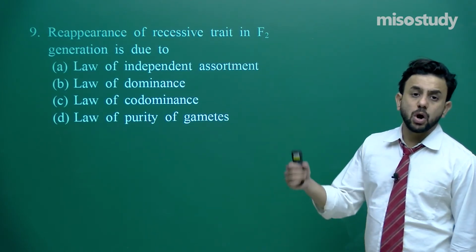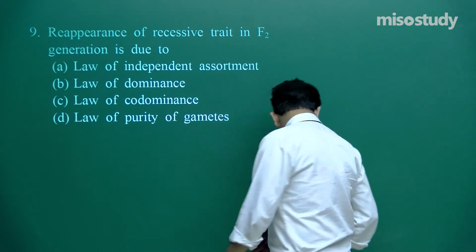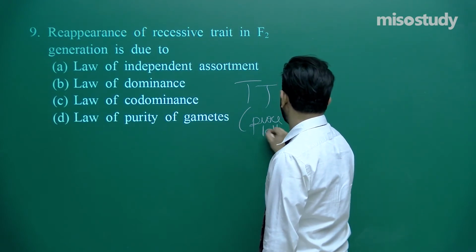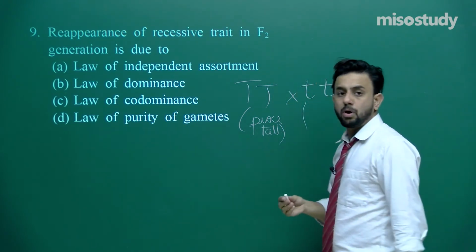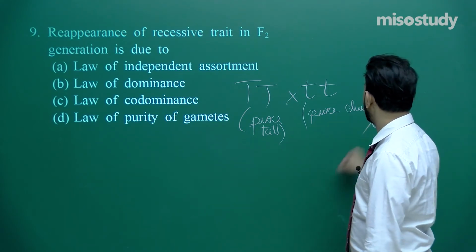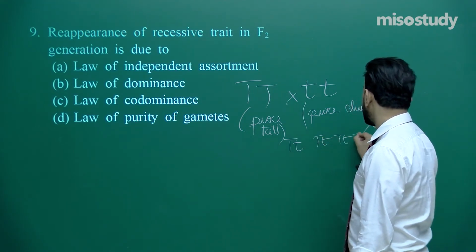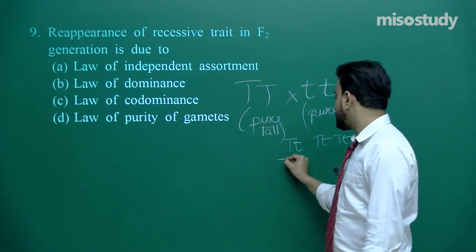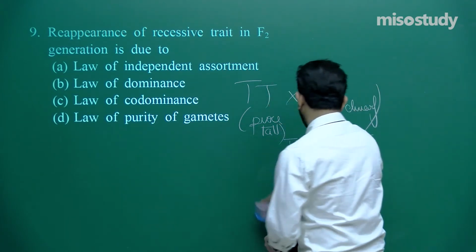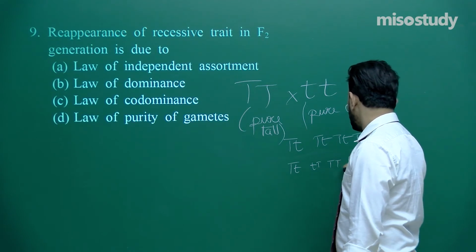When we talked about the crossing between the pure tall plant, that is homozygous dominant, capital TT, into small tt, pure dwarf, we obtained capital T small t four times, and on selfing what we obtained was capital T, capital T, capital T, small t, capital T, small t, and small t, small t.